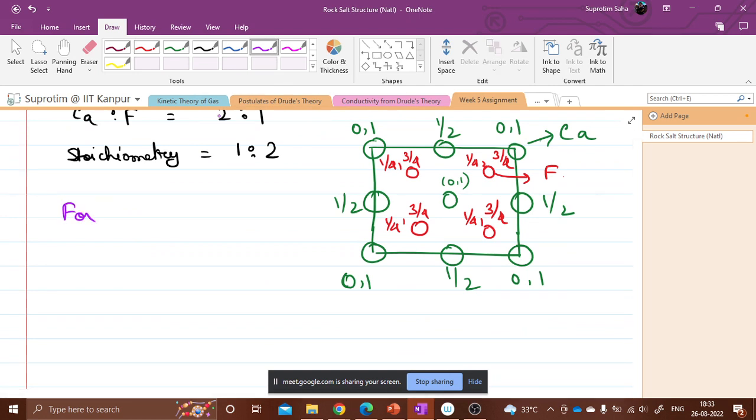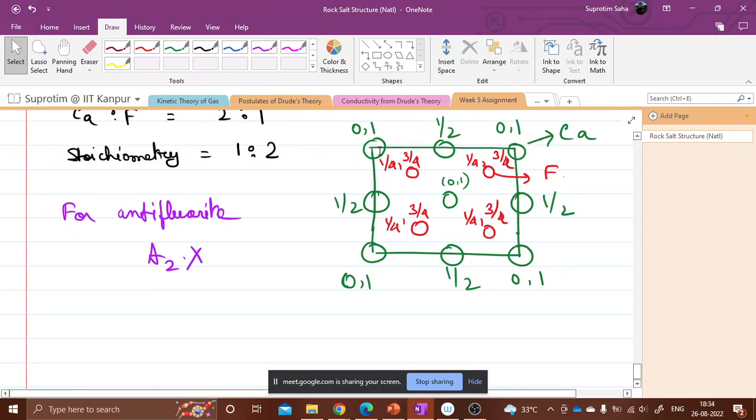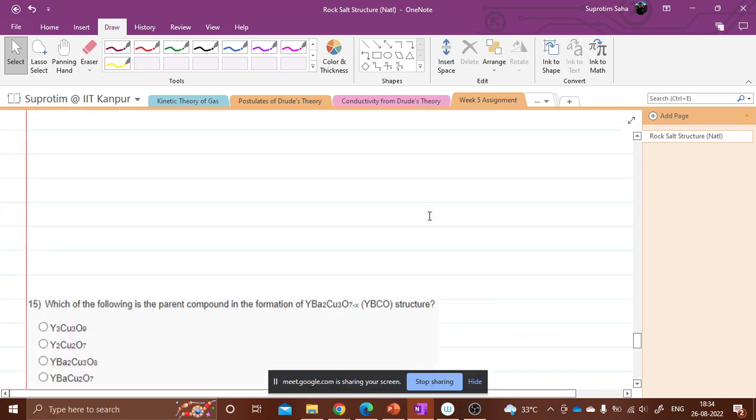But for antifluorite, this is CaF2, right? Ca X2, and for antifluorite it is K2X, meaning that the calcium will be replaced by the oxygen, right? This is just the opposite. Earlier the calcium used to sit at the vertices and corners, and also at the edge centers.